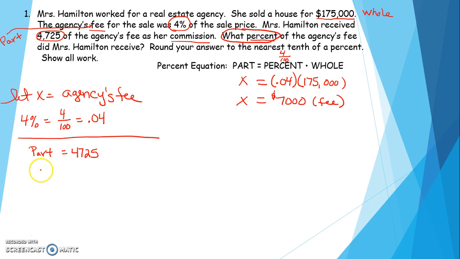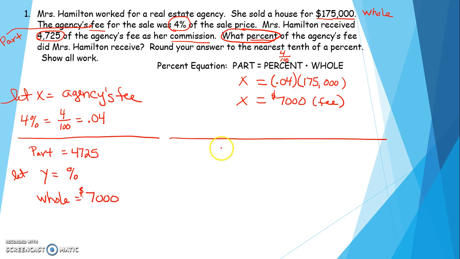We don't know the percent, so I'm going to let Y equal the percent. Now we have a new whole because her commission is now a part of the agency's fee. What did the agency make? The agency made $7,000. So now I'm going to do part equals percent times the whole.